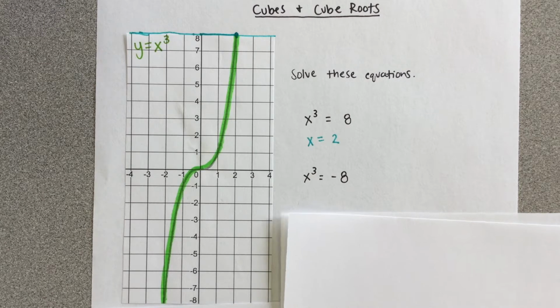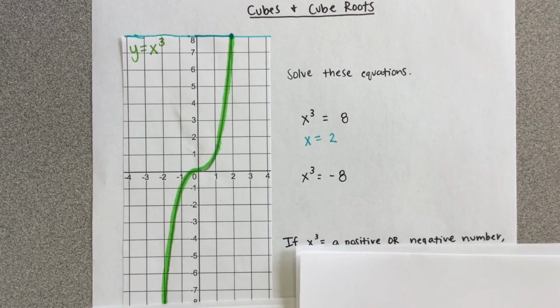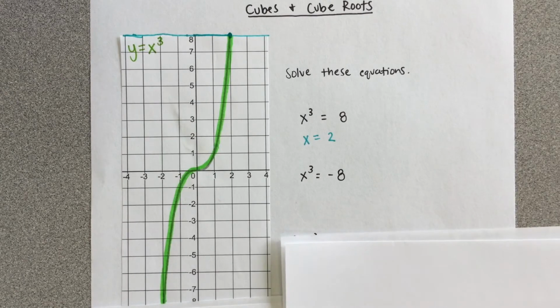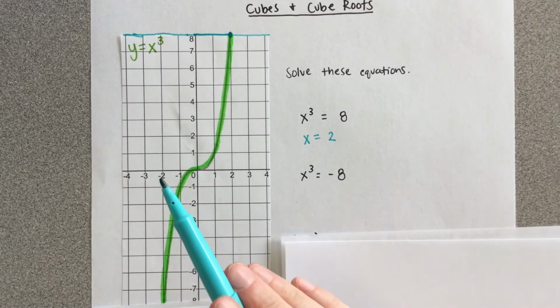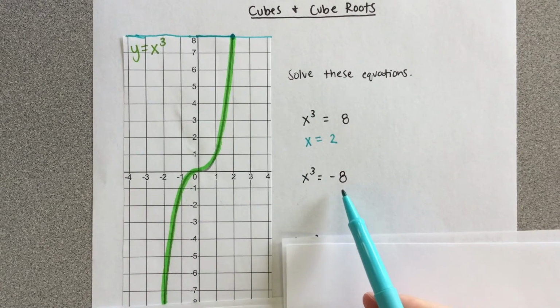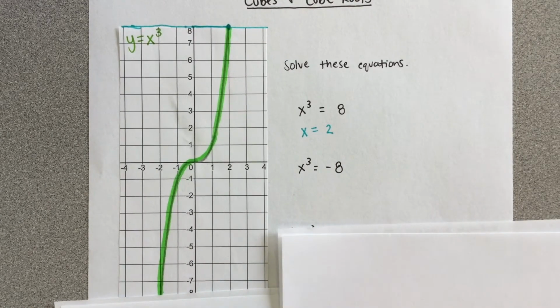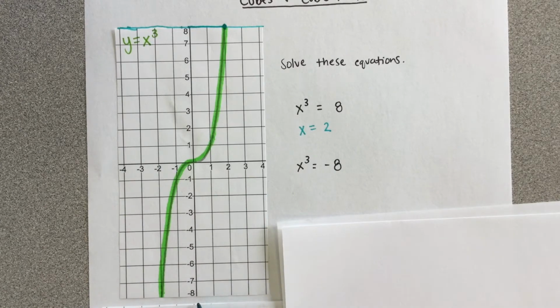Then the next equation, x cubed equals negative 8. So before, with the squares and square roots, they could not equal a negative number. But let's see about with the cube, and then we'll do the cube root. So if we look on our graph for a y value of negative 8, now again, I kind of cut it off down here, but notice that our graph is going to have a point down here at negative 8, just below, right?